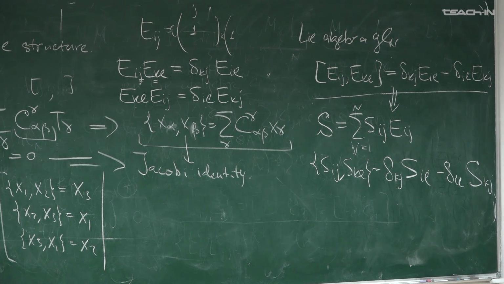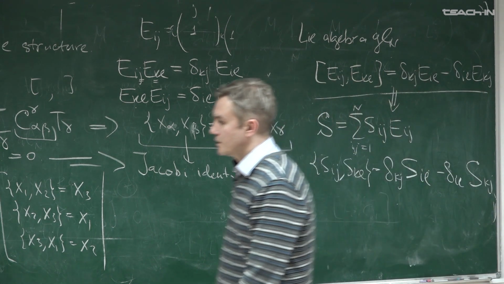You may straightforwardly verify the Jacobi identity, or you may just say that it comes from the commutator of the Lie algebra gl_N, and this is why it is true. This is a correct Poisson structure.